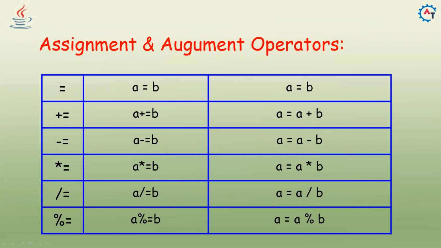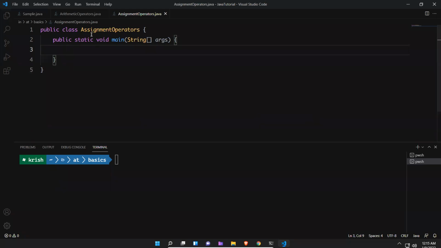So let me go to Visual Studio Code. Here I created an AssignmentOperators class and I have written one main method. Inside this, int number equals 10 means this 10 is assigned to this number.